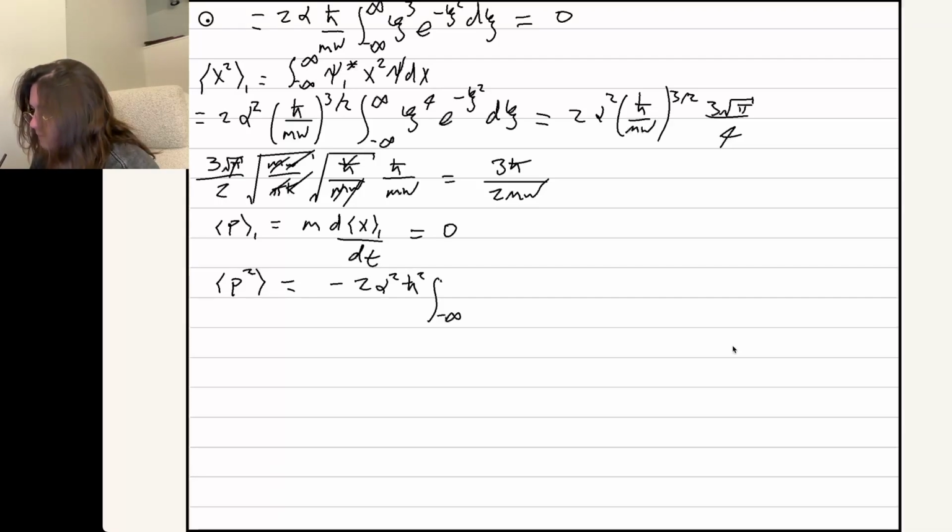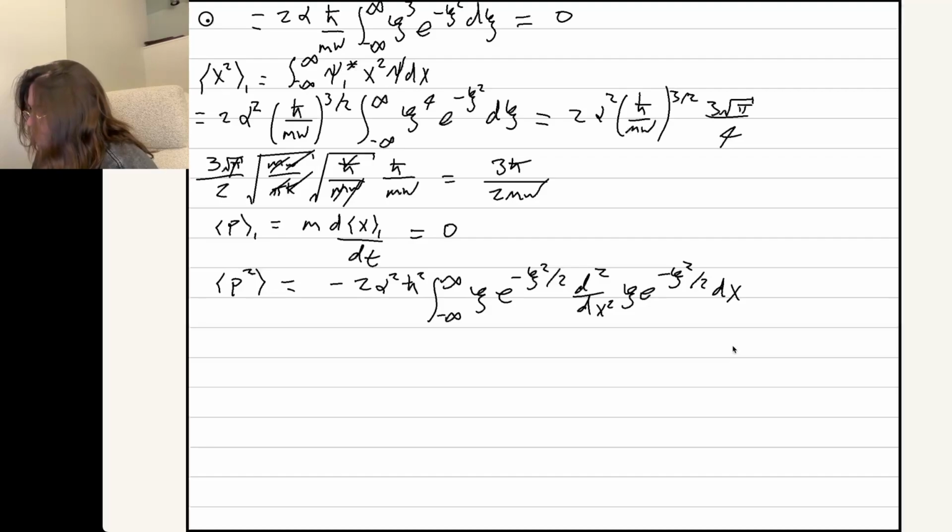We'll have ξ e to the minus ξ squared over 2, d squared dx squared, ξ e to the minus ξ squared over 2 dx.